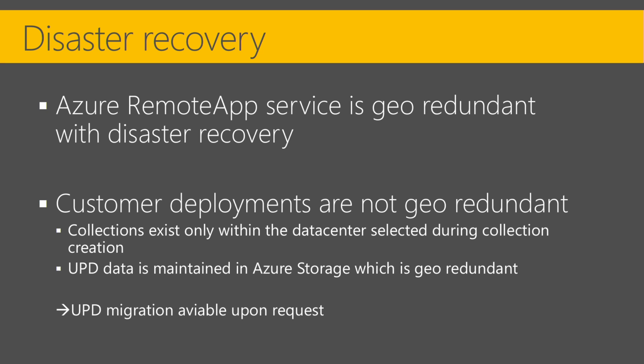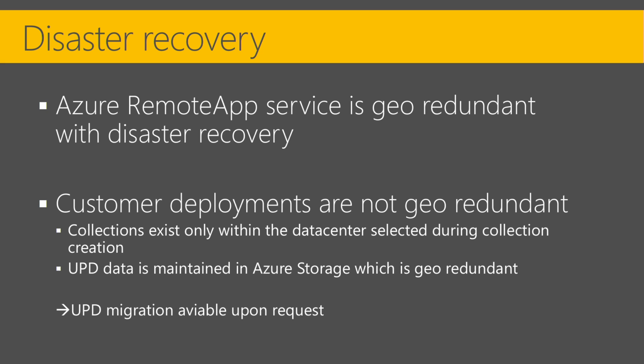The Azure service is geo-redundant. In fact, in every data center, we have a deployment of Azure RemoteApp. But in terms of the deployment that you choose, like if I choose West US to deploy Azure RemoteApp into, it's only there. So if the West US data center is down, you will not be able to use Azure RemoteApp. Be wary of that.